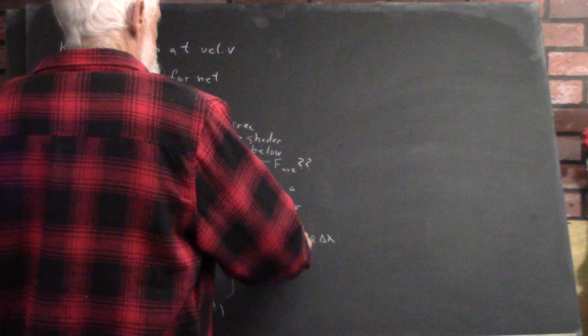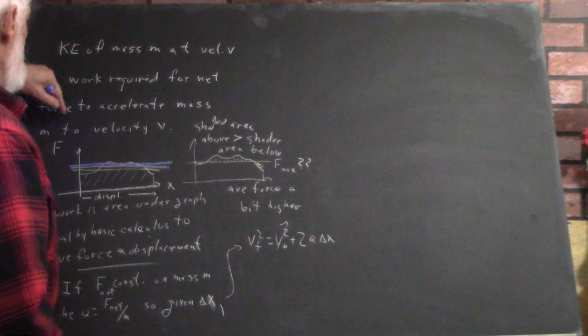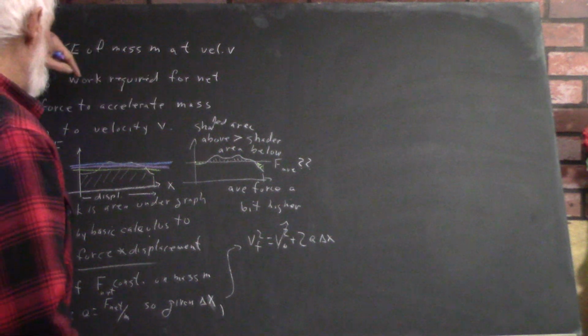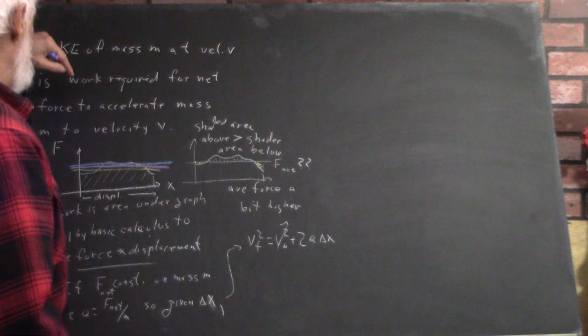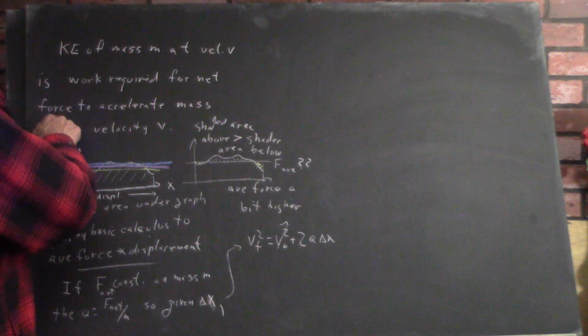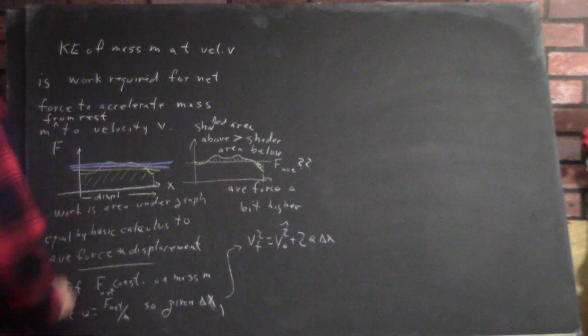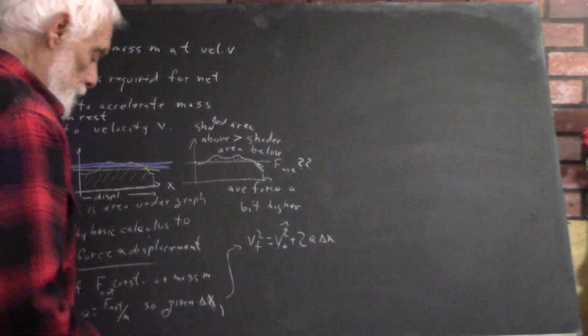If V naught is 0, because we're talking about the work required to accelerate mass m to velocity v, I didn't say from rest. That's important. I knew it, I just didn't write it down.